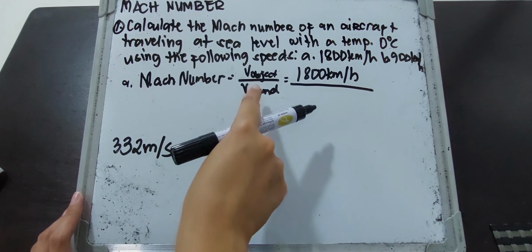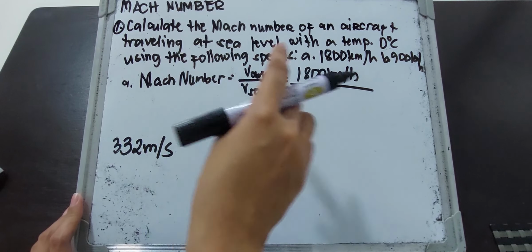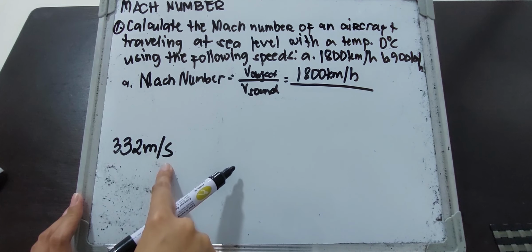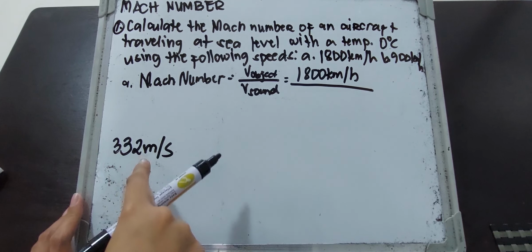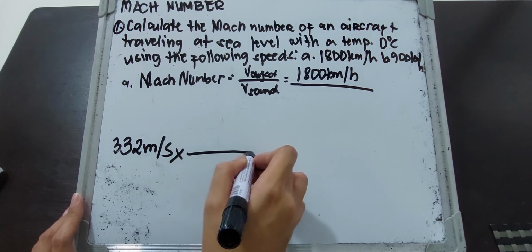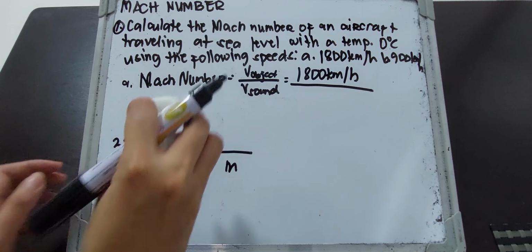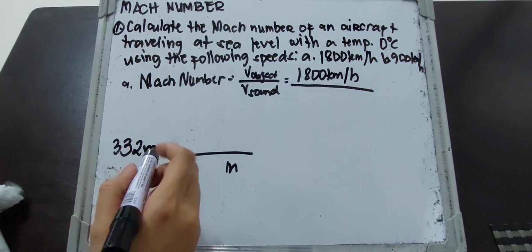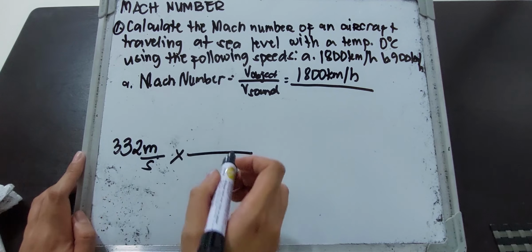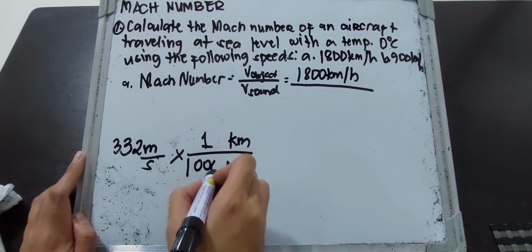So, before we divide by this 332 meters per second, since this is an aircraft and it is so fast, we will convert this into kilometers per hour, because the object is big and fast, and meters per second no longer fits. So, the meters need to be at the bottom so they cancel. The unit we need is kilometers. So, 1 kilometer is equal to 1,000 meters.